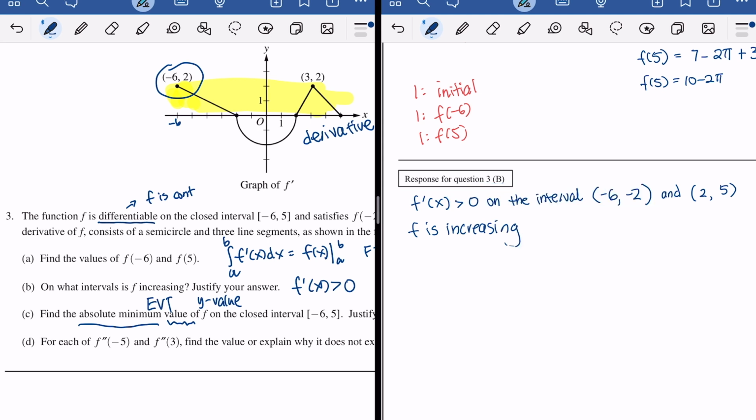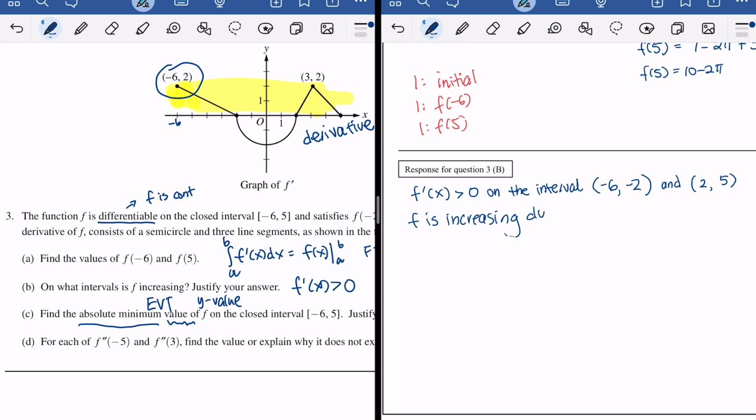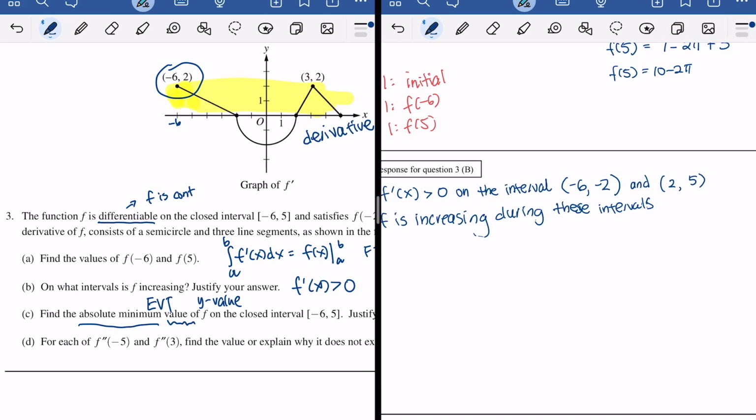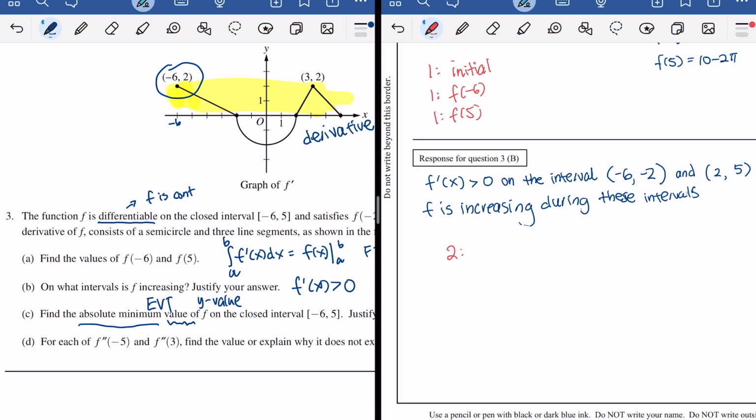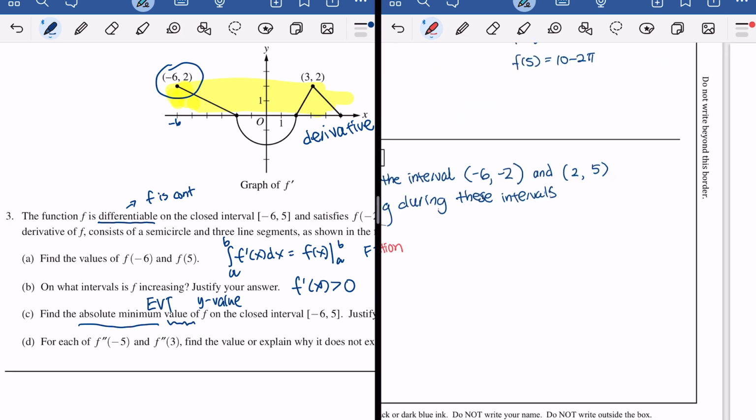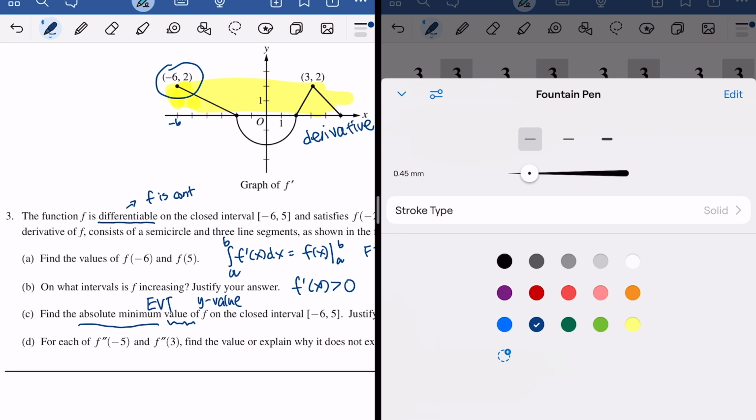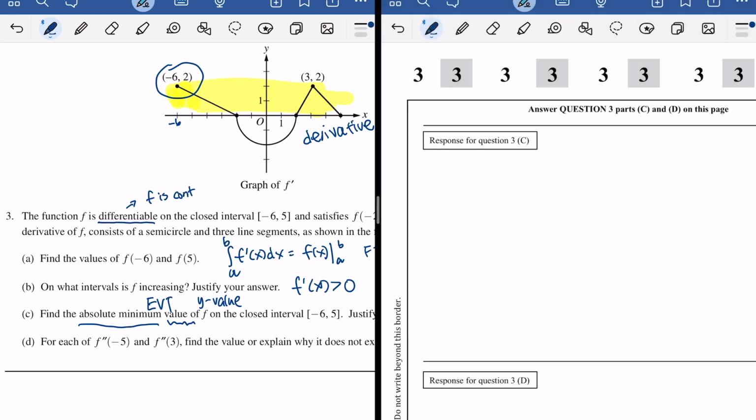You can use the word during these intervals, and that will be good because then you can know the location. Here it will be awarded 2 points for the correct justification. All or nothing.